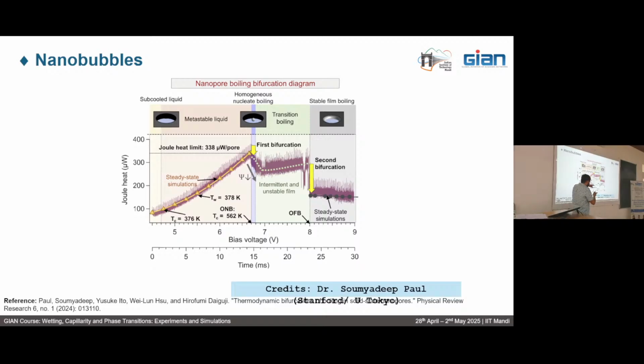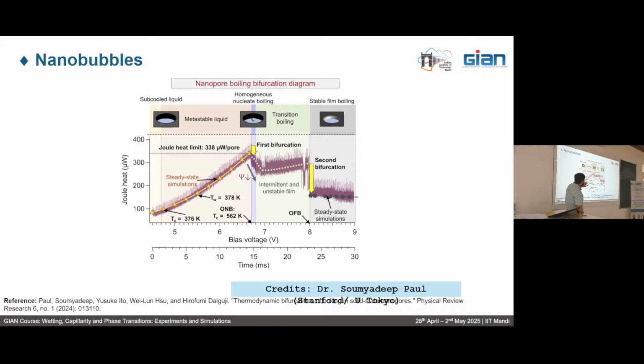When we put a certain voltage across this nanopore, there is a flow of ions, and because this nanopore is so small, its radius maybe 150 nanometers, because of the resistance to the flow we observe massive Joule heating here. That Joule heating is so localized that we observe homogeneous nucleation before heterogeneous nucleation.